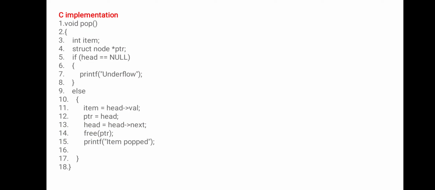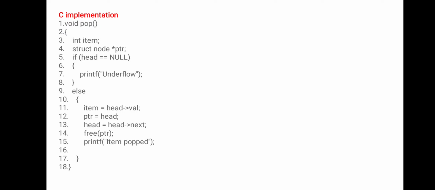Here is the C implementation of deletion of a node from the stack. This is the function which is called pop. Integer item, struct node pointer ptr.